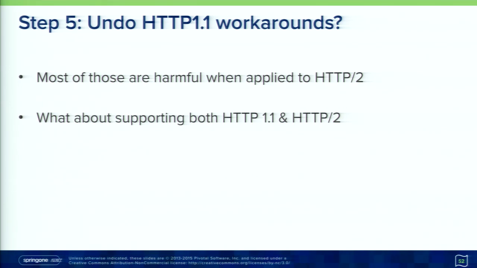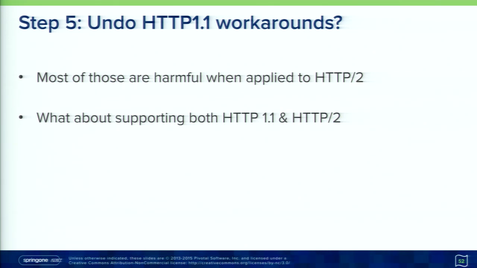Also, one thing we can do now is probably undo the HTTP 1.1 workarounds. We know that most of those were harmful and not very good for HTTP 1.1, but we now know that for HTTP 2 they're also very harmful, because we are hurting the whole model of one connection.